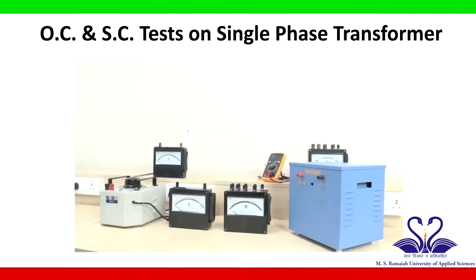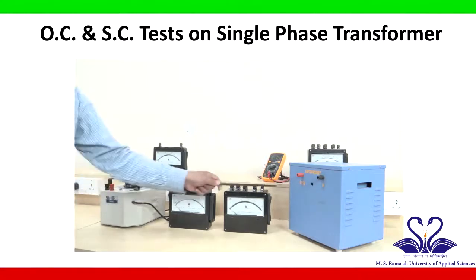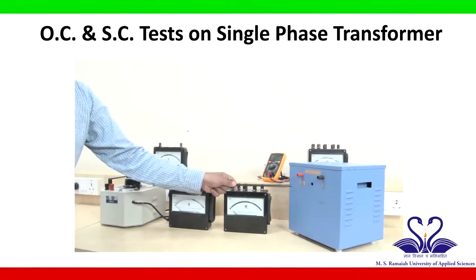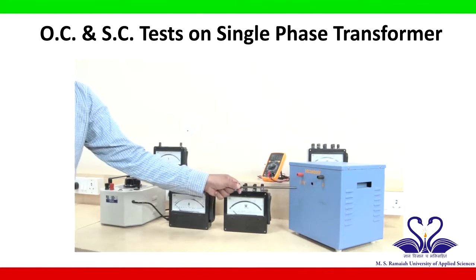The open circuit test on a single phase transformer is always done on the low voltage side. So, the entire circuit built for the open circuit test will be on the secondary side of this transformer, that is from 0 to 115 volts.